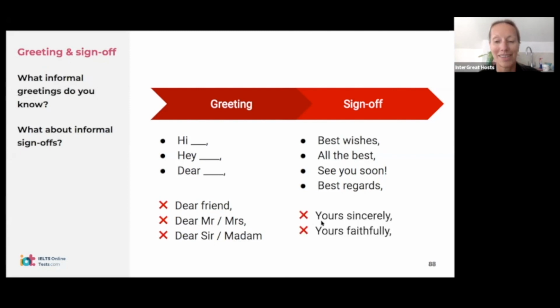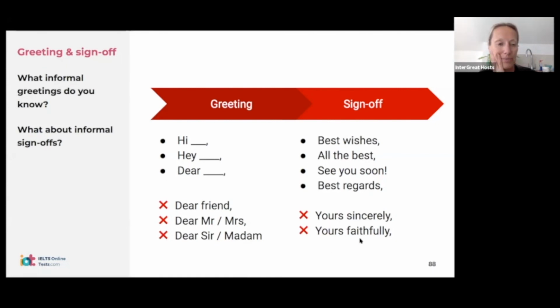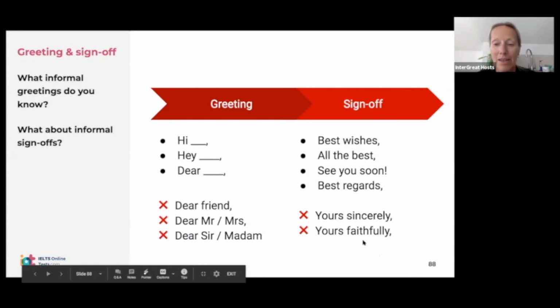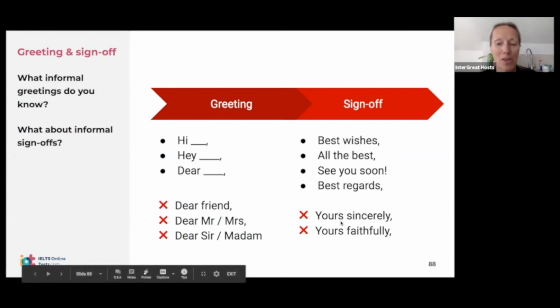So, okay, things that you should not say: yours sincerely, yours faithfully. Why not? What's the problem with these phrases? Too formal, yeah. So these are appropriate for formal letters. What's the difference? Just thinking briefly about formal letters. What's the difference between them? When would you use this one?